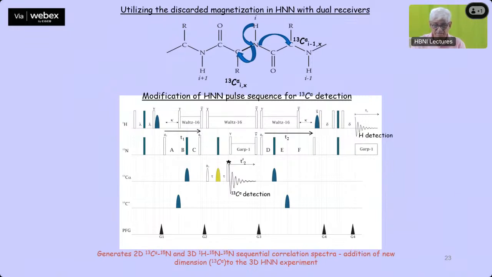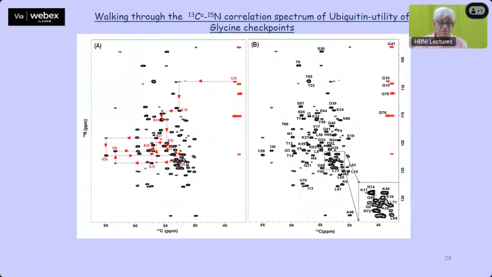Okay, let me show you an example with regard to the experimental data. This is the experimental data on some particular protein which was recorded. What we have here is the C alpha nitrogen correlation. You have 45 ppm to 65 ppm or even less than that.